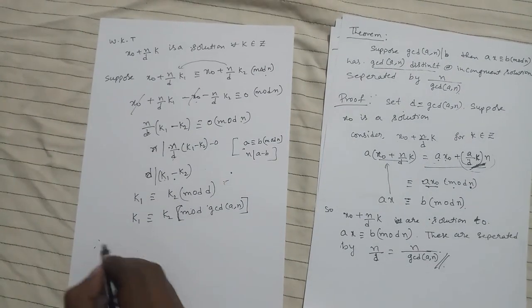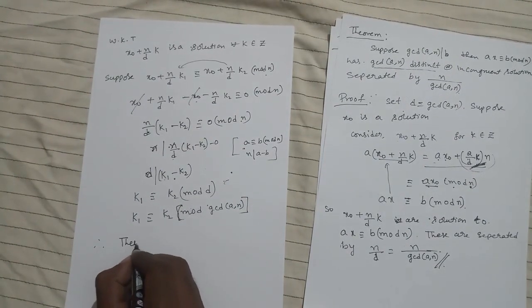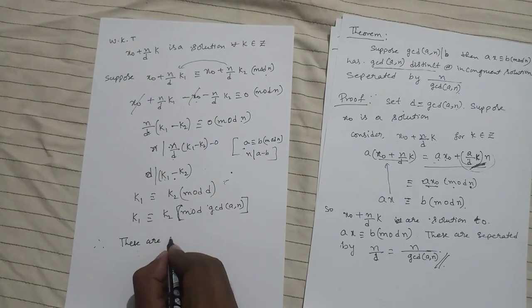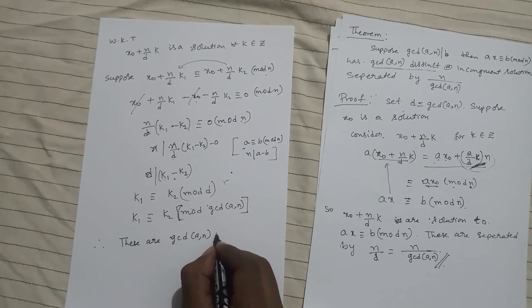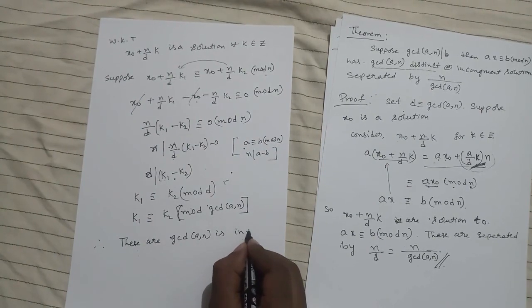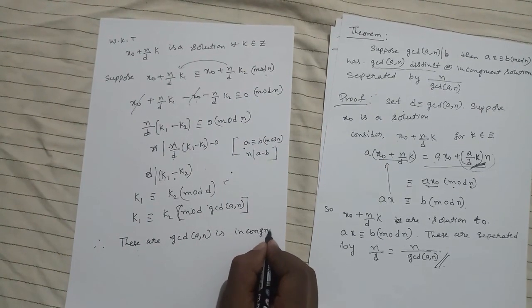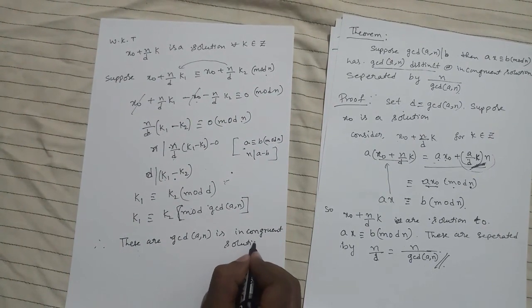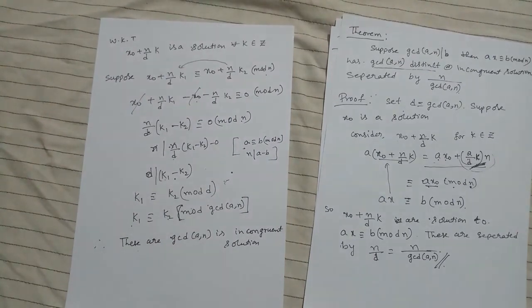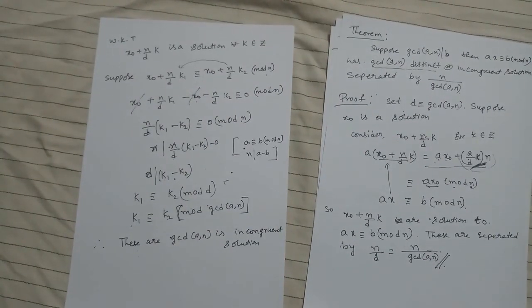So therefore these are GCD of a comma n incongruent solutions. Here k1 and k2 are different values, so we get incongruent solutions.